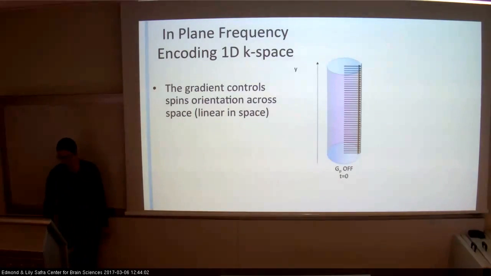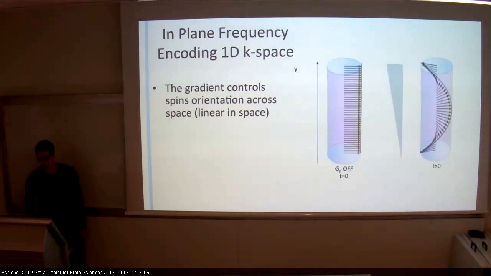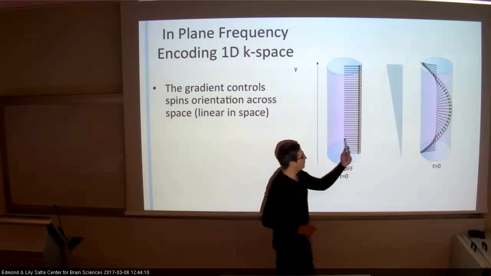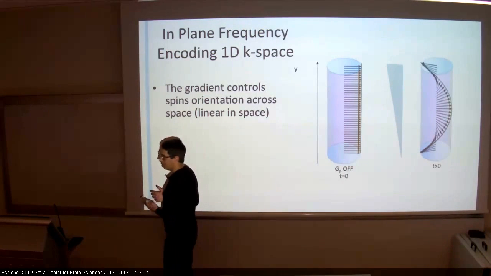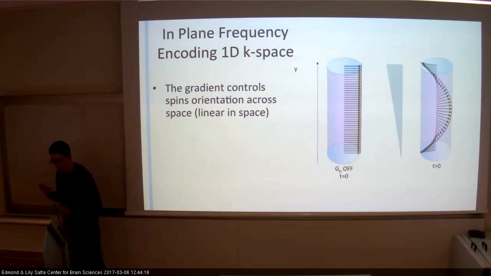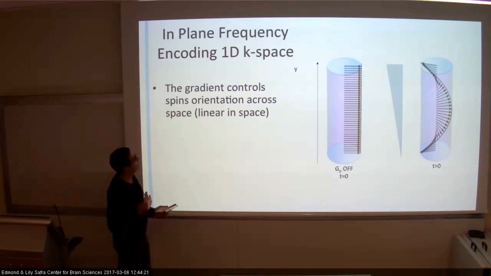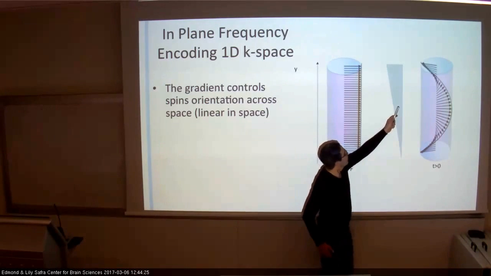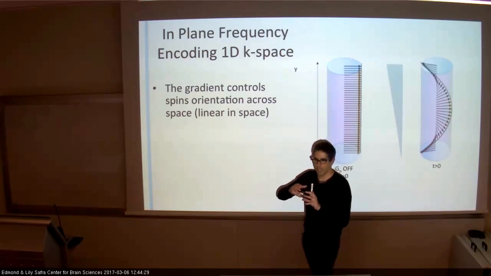Okay. So with that, I'm getting back to our gradients. We just said that as we turn on the gradients, as a function of time, we're going to add phase, and it's going to be linear, right? So we have here a gradient, and at some point in time, we start to create phases, right?